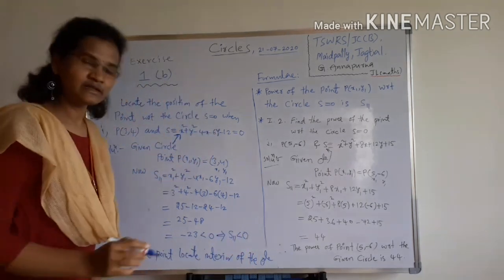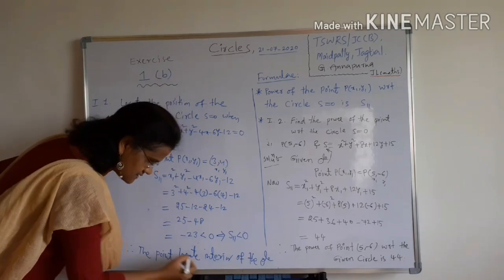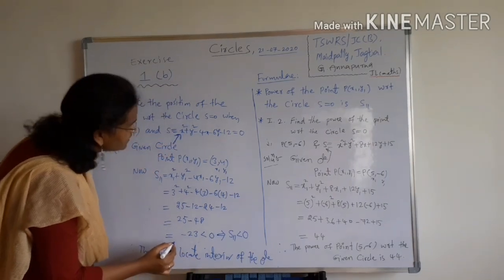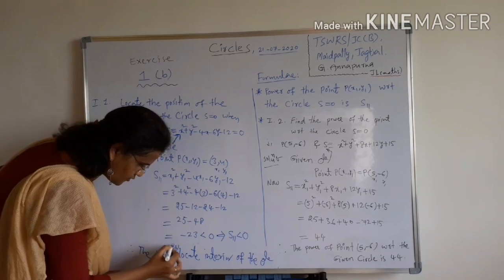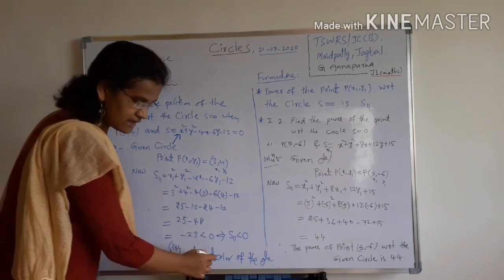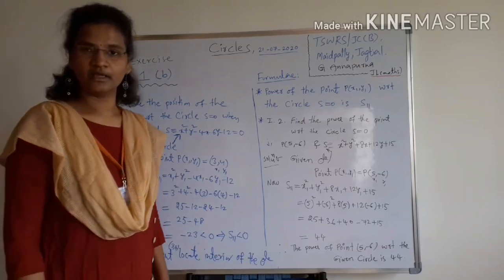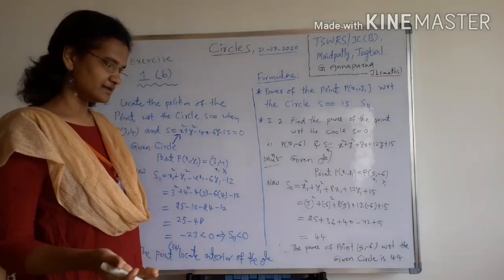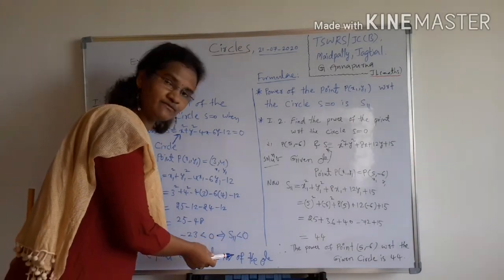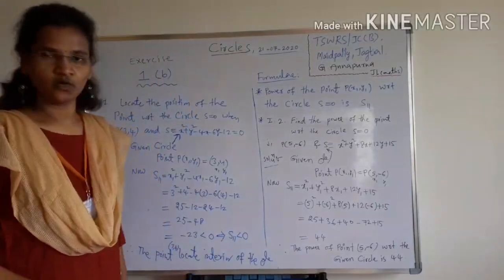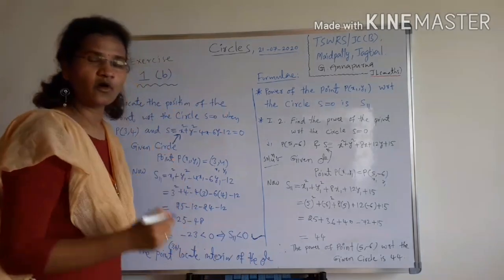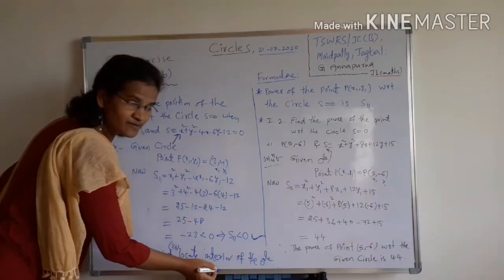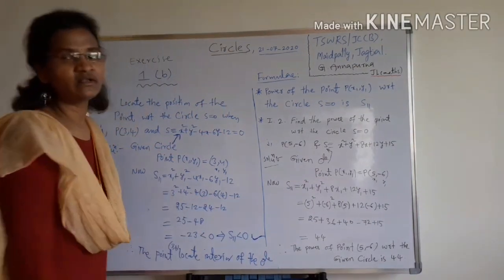So that means the point 3, 4 locates interior of the circle. Why interior of the circle? Because S11 is less than 0. Okay. So this is the condition we got. That's why the point locates inside of the circle, that means interior of the circle.